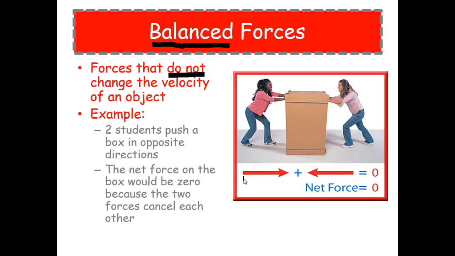One's pushing that way, one's pushing that way, with the exact same force, but in opposite directions. So what happens? They cancel each other out. The overall net force, when I add those two forces together, is 0. When the net force is 0, we say that is a balanced force. They cancel each other out.